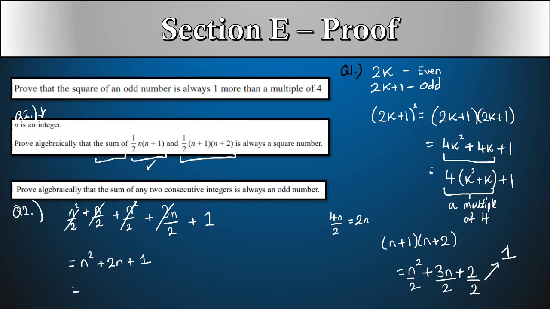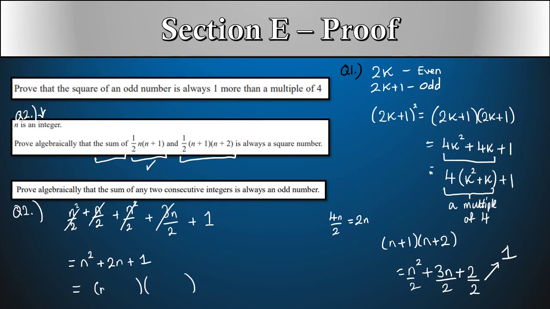So here now, we've got this expression here, this quadratic. But we want to show that this is always a square number. So how does this show us that this is a square number? Well, if I could write this as the product of, for example, itself again. So if I can factorise this, and I obtain, say, a here, and this is a squared, then it would be a square number.